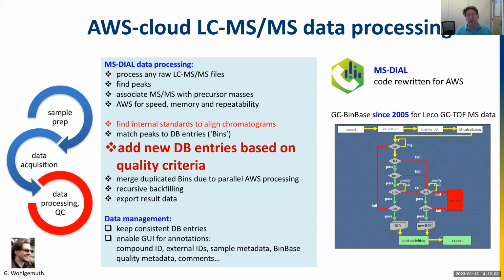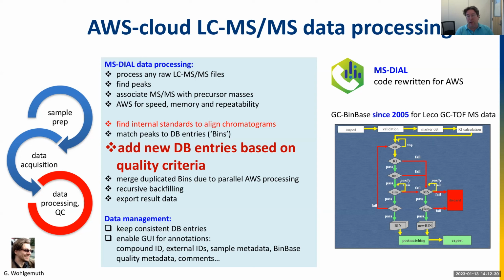And we automatically, of course, associate all the MS/MS spectra with the precursor masses. We merge duplicated bins that do exist because of the parallel processing. When we do a lot of samples at the same time, one sample might get a specific bin and another one would find the same compound, so it also generates a bin, and we merge them when the study is completed.